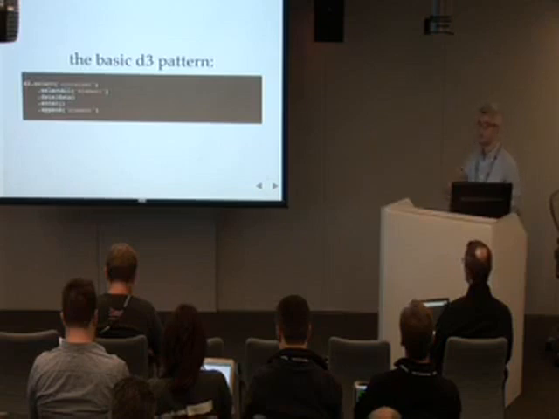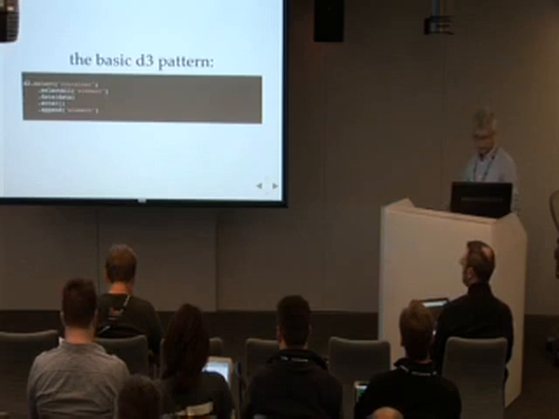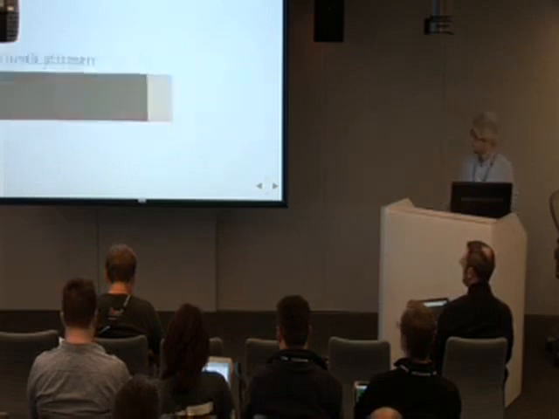We're going to choose, using the enter method, all of the elements that aren't already on the web page but that have data. So basically all of the web page elements that are going to enter the scene we get with the enter method, and then we're going to append elements off that placeholder selection. That won't make much sense now, but hopefully in another half an hour it will.